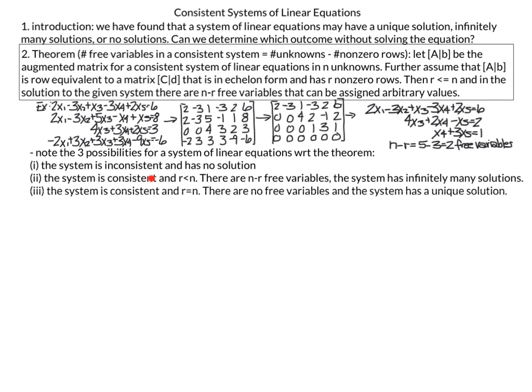If the system is consistent and r is less than n, because r is always less than or equal to n, then there are n minus r free variables, and the system has infinitely many solutions. And last, the system could be consistent and r equals n. In this case, there are no free variables, and the system has a unique solution.